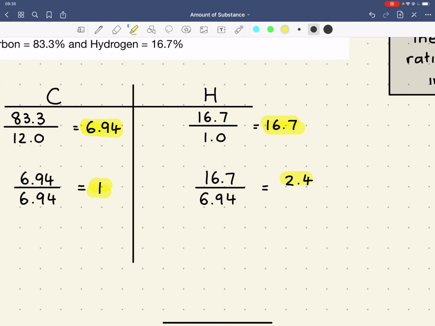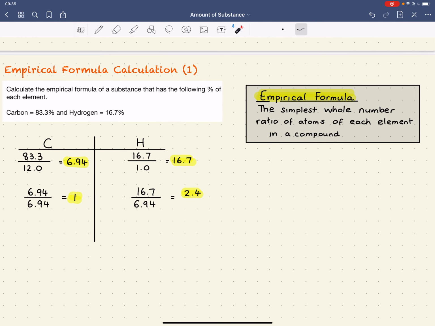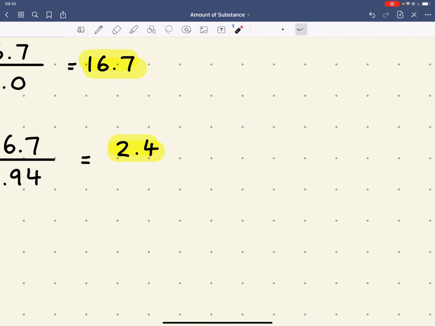So the definition, remember, of empirical formula is the simplest whole number ratio, and obviously this is not a whole number ratio. So I need to do something to this number in order for it to be a whole number. And in effect, you just keep multiplying this number here by either 1, 2, 3, 4, 5. You just keep going until this is a whole number.